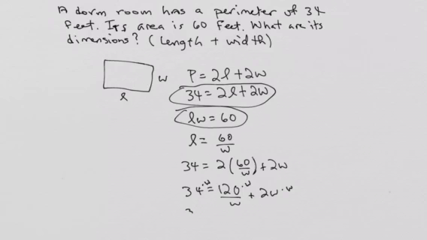And then I'm going to have 34W equals 120. These W's canceled. Plus 2W squared. I'm going to simplify that. Well, I don't really need to.